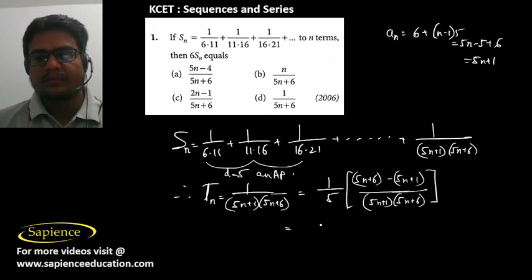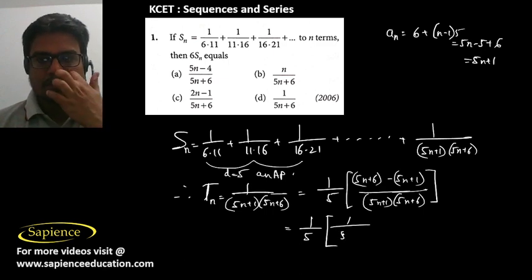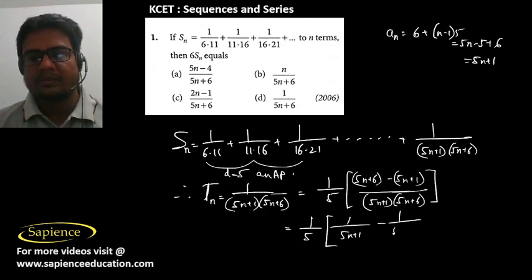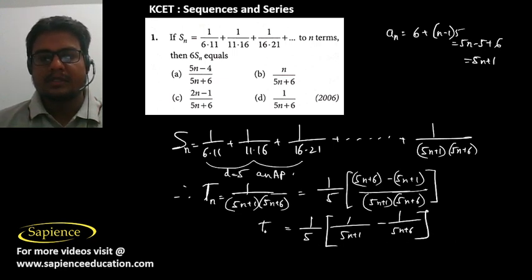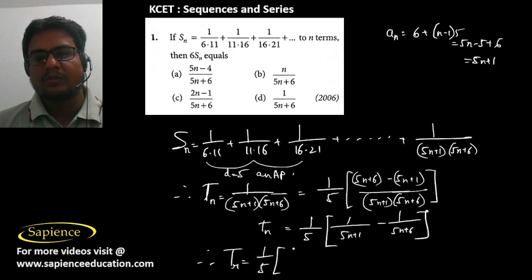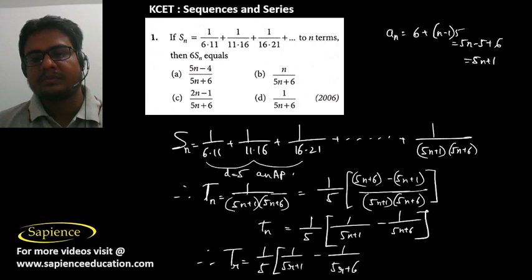So this can be written as 1 by 5 into 1 by 5n plus 1 minus 1 by 5n plus 6. So this is Tn. So therefore the rth term can also be written as 1 by 5 into 1 by 5r plus 1 minus 1 by 5r plus 6.